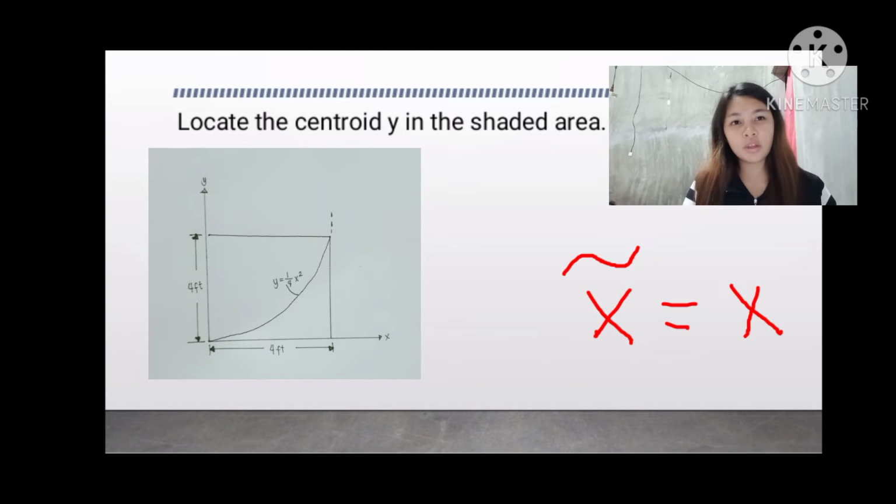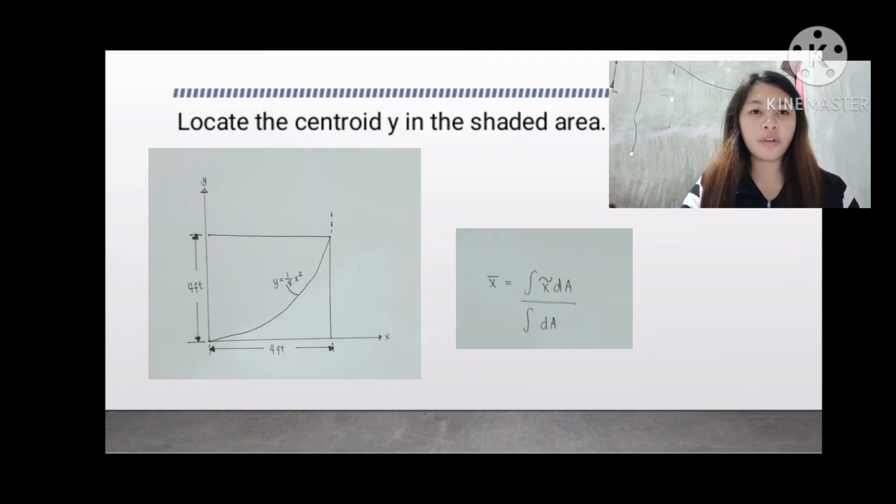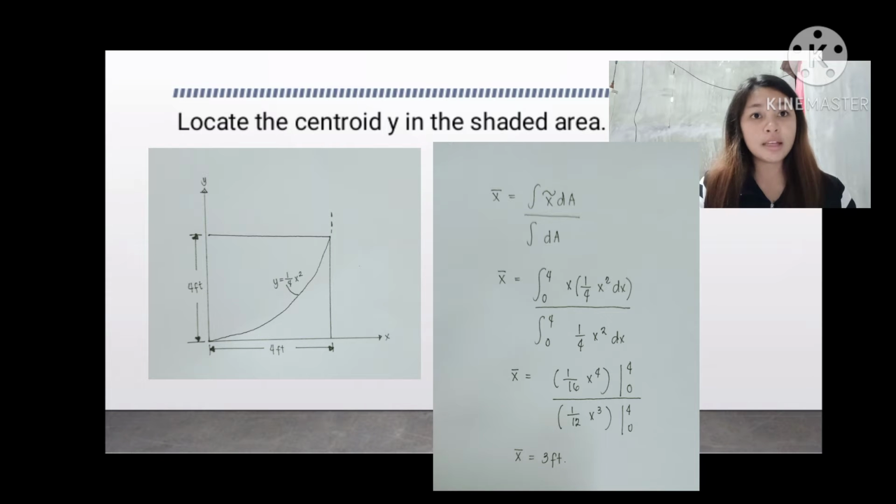So our x tilde is equal to our value of x. With the formula of x bar equals the integral of x dA over the integral of dA, we will now substitute the variables that we have identified earlier, where x tilde is equal to x, and our dA is equal to 1/4 x squared dx.